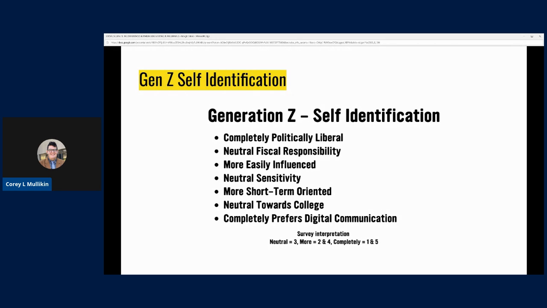So, what does all this mean? First off, Gen Z has more of a love for socially responsible companies and products. We see that they're completely politically liberal, right? They're going to have a stronger affinity with companies that are engaging in activism, giving back to the community.